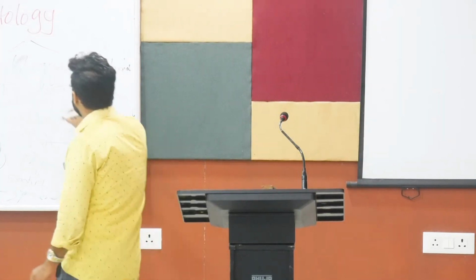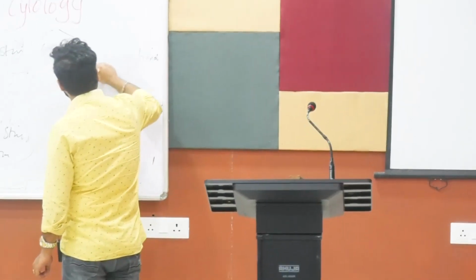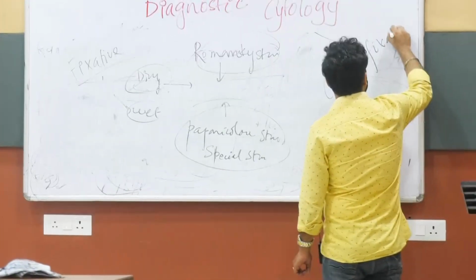আর কোন ফিক্সেটিভ জানো? 100% মিথানল। আর কোন হ্যামারেজিক ফ্লুইড, সাপোজ তোমরা বডিতে কোনো হিমোপেরিকার্ডিয়াম হয়েছে, তার মধ্যে আরবিসি প্রচুর আছে। সেই হ্যামারেজিক ফ্লুইডকে যদি আমরা ফিক্স করতে চাই, তাহলে for hemorrhagic fluid we use Carney's fixative.